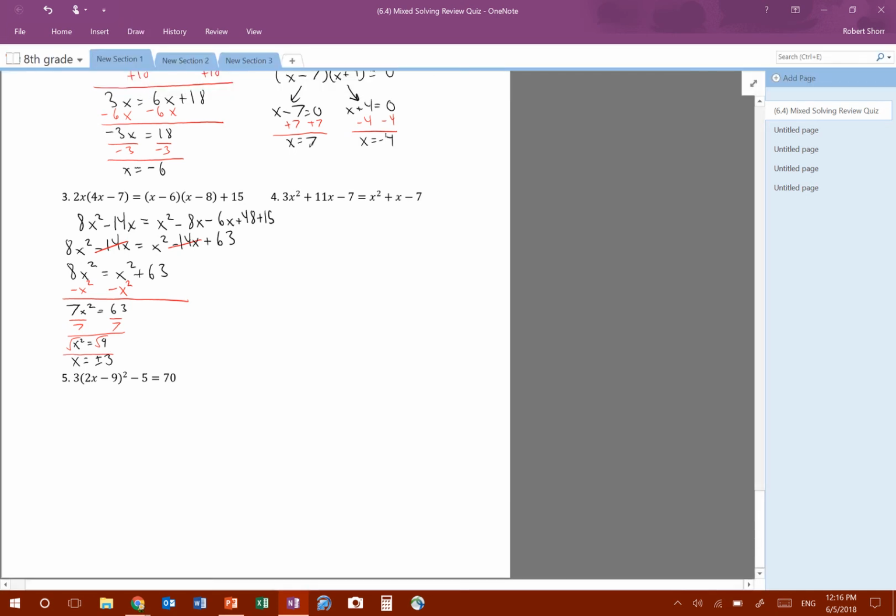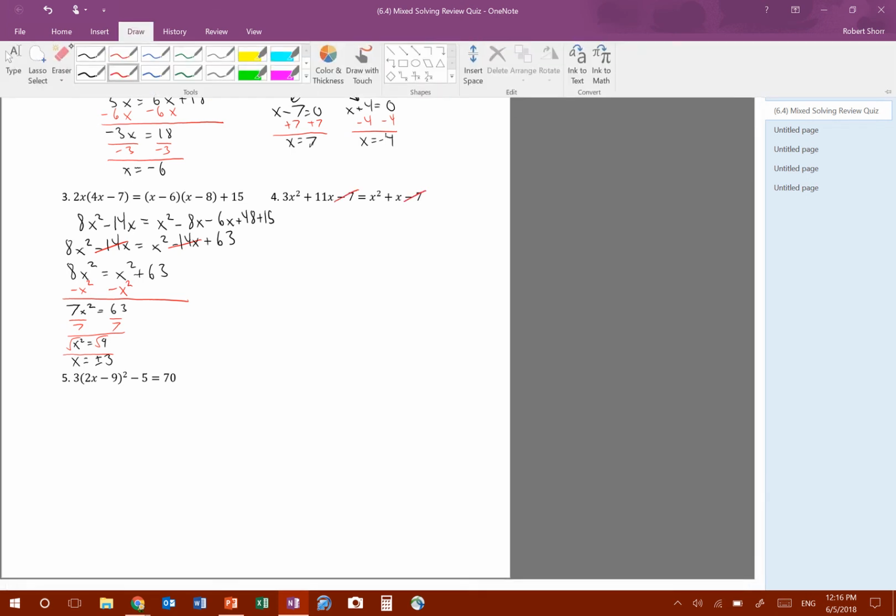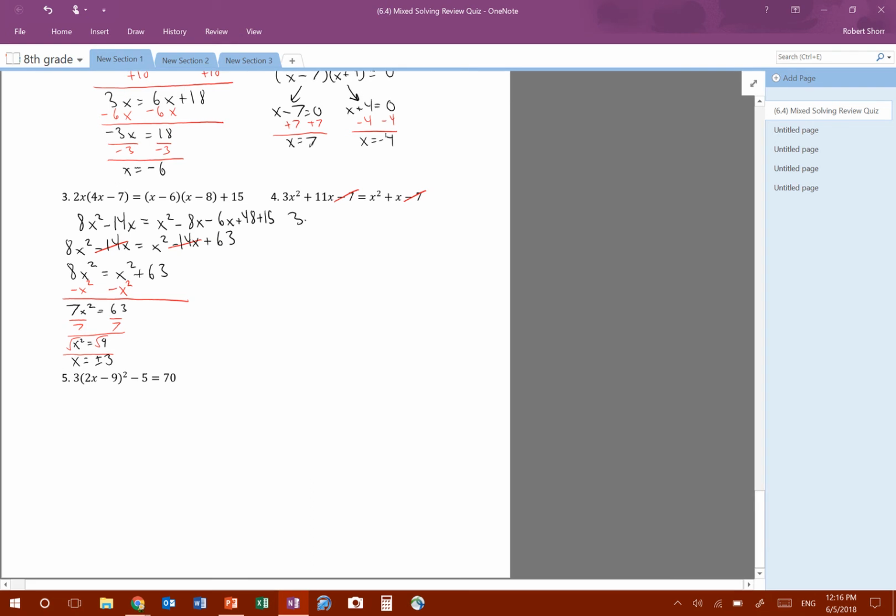In this next problem, I see immediately there's a negative 7 I can get rid of. Let's do that and rewrite. 3x squared plus 11x equals x squared plus x. So I have an x squared and I have an x, and I'm not going to be able to get rid of any of them.